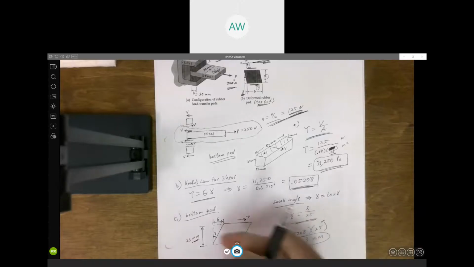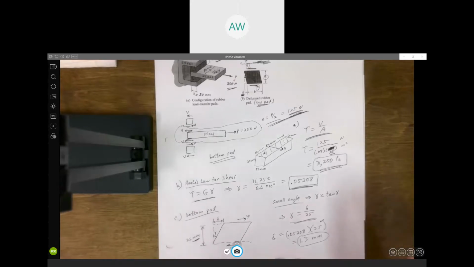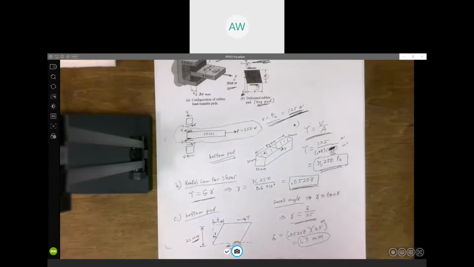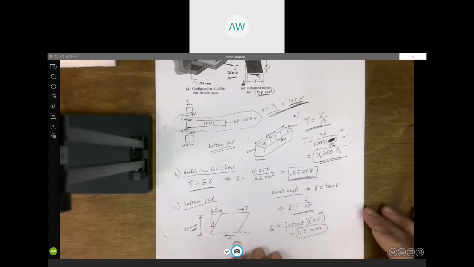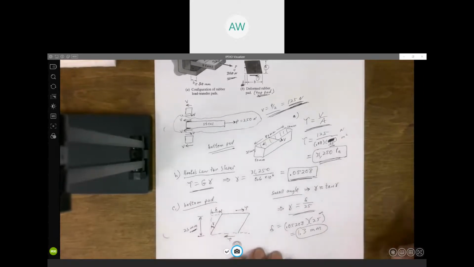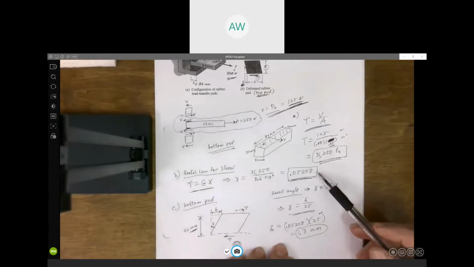So that rubber pad is going to get distorted and move over 1.3 millimeters. That is exactly how far that steel plate is going to move, 1.3 millimeters. So really, really small displacement there. Was anybody industrious and calculated what that angle is in degrees?